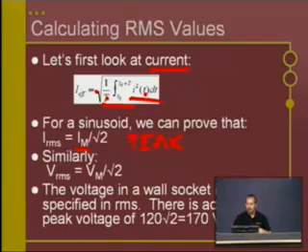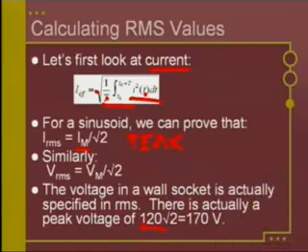Interestingly, when you look at the wall socket, most people know it's 120 volts, but that's 120 volts RMS, which means the peak value is actually 170 volts. It's an extra 50 volts when you start shoving that paper clip into the wall or whatever. That's the simple relationship between the two.